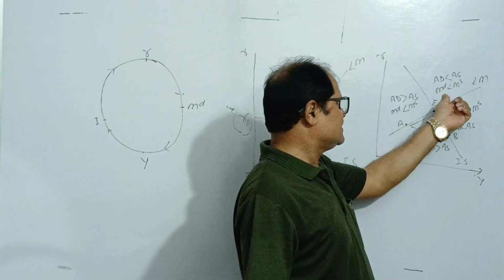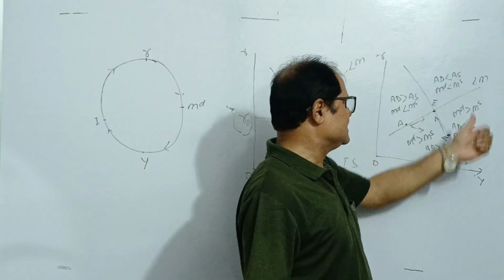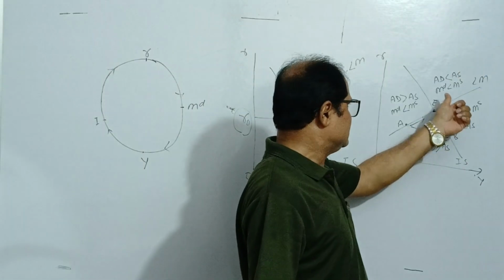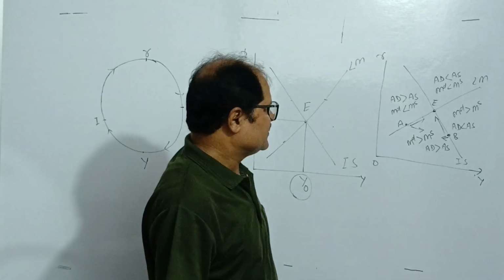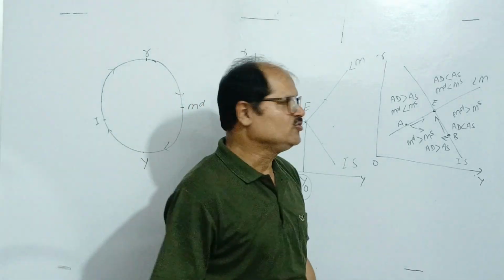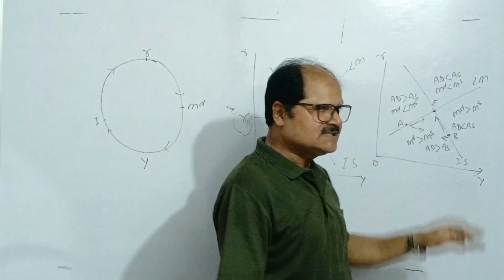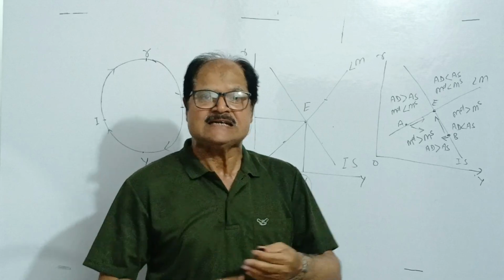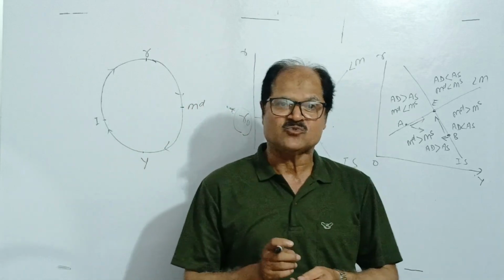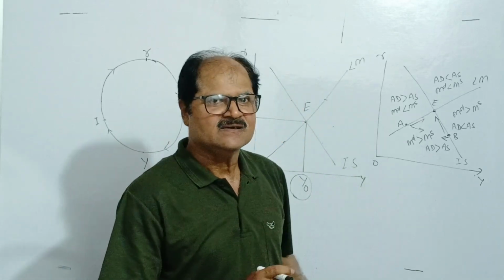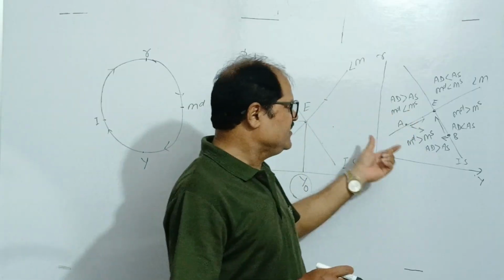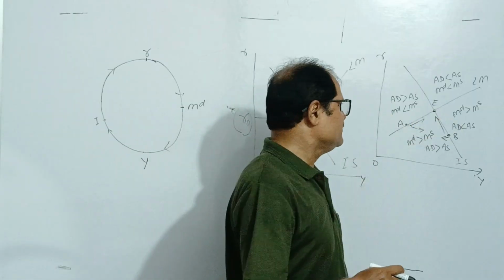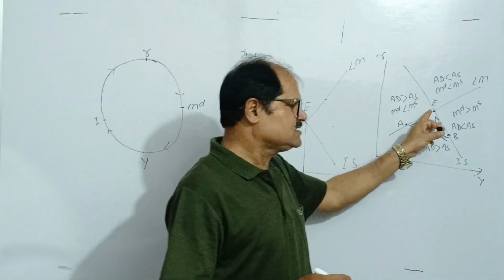And in this quadrant, aggregate demand is less than aggregate supply, but demand for money is also less than supply of money. So these four conditions will generate different types of forces in money market and product market, so that even if there is disequilibrium, we will reach the equilibrium condition in this model.